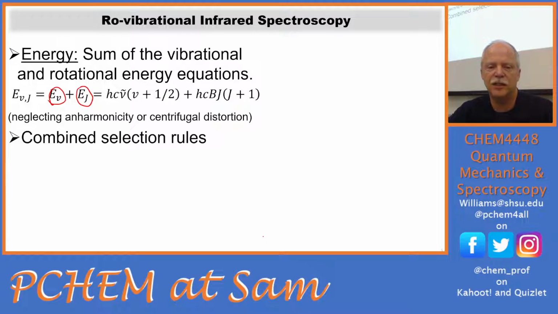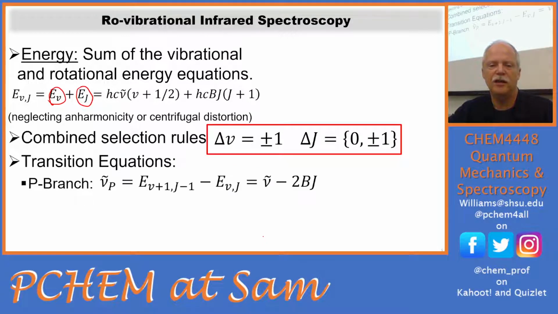So we get to these transition equations. These are the vibrational frequencies. So this is the frequency in the spectrum for the P branch lines, and it's the vibrational frequency and the rotational piece.